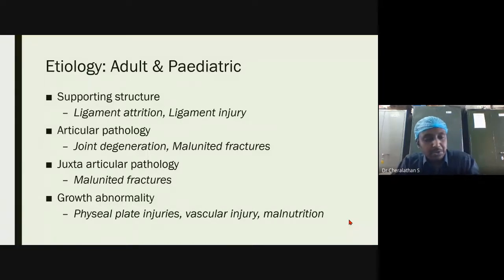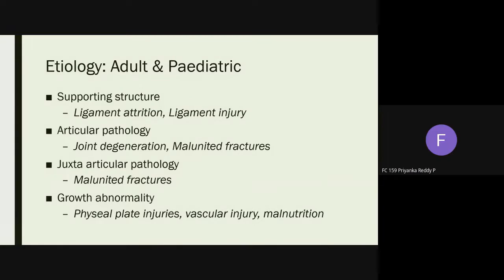Now to show the etiology, I have a model with me. What is this bone? Are you able to see? Tibia. So what is this bone? Femur. Okay.